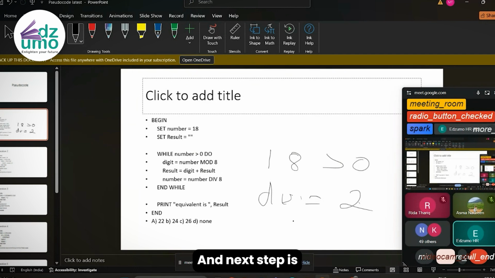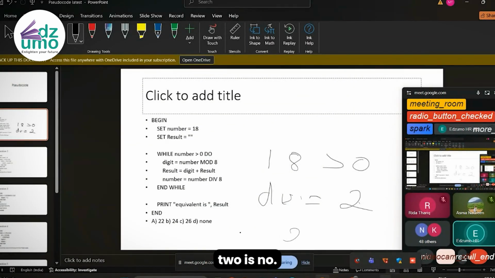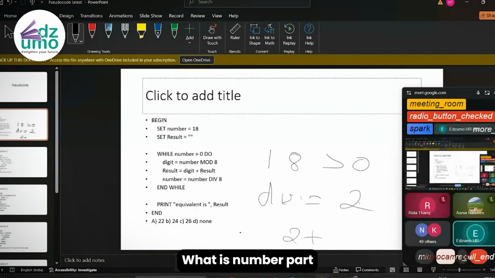And the next step is result is equal to digit plus result. So what is digit here? 2. Now the interesting part: 2 is now plus what is result? You have just a space in double quotes, so you're going to concatenate something. What is the number part? Number divided by 8. What is number? 18. So 18 div 8 means you get the quotient.